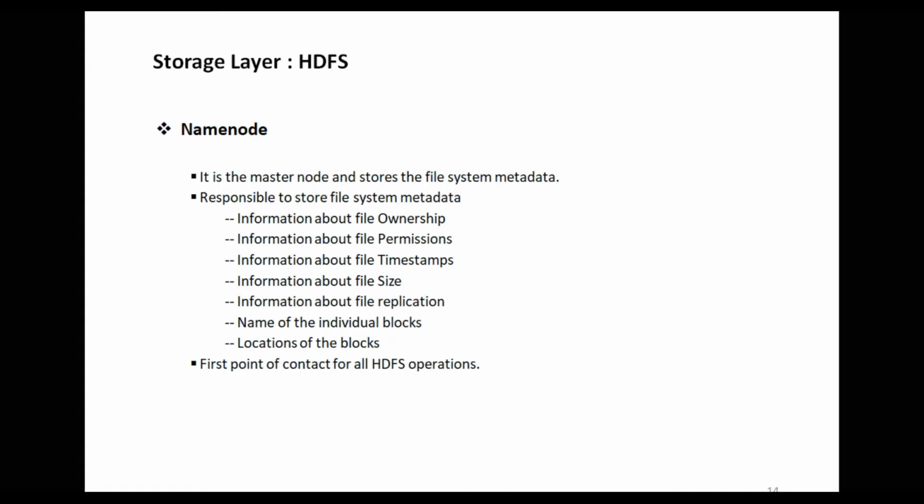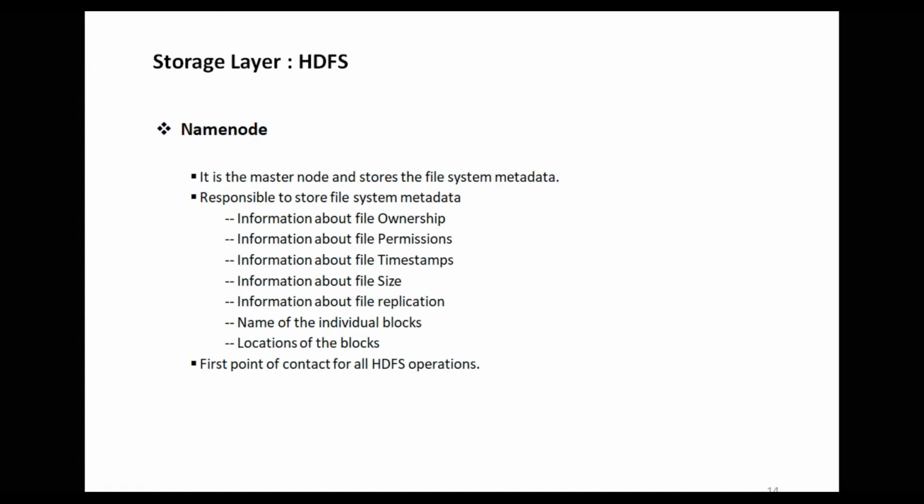In Hadoop, by default, the replication factor is 3. It means when you copy a file, the file will be split into blocks, and each block will be replicated as 3 copies by default.